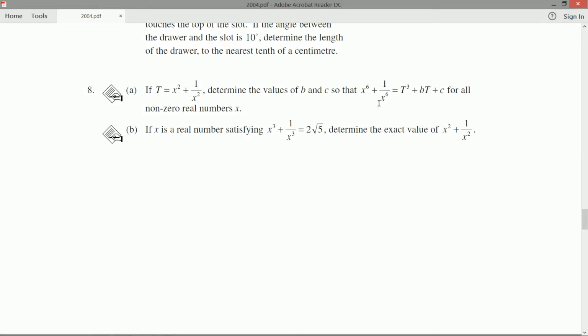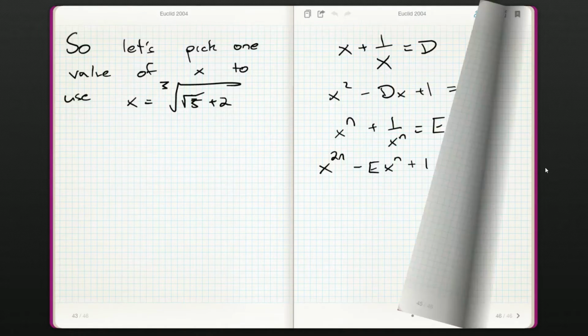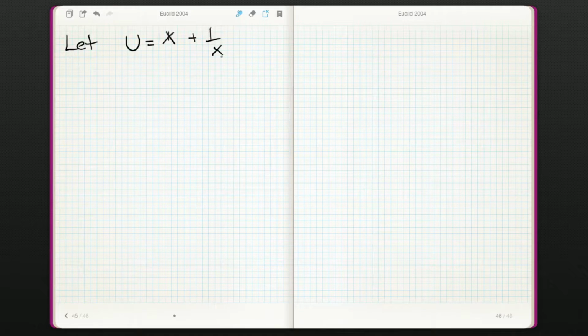It does. Oh, geez. All right. Beginning anew. Everything's brand new. Okay. Let u be x plus 1 over x. I should have thought of this earlier, related back to A. They didn't have us do something in A for nothing, I don't think.